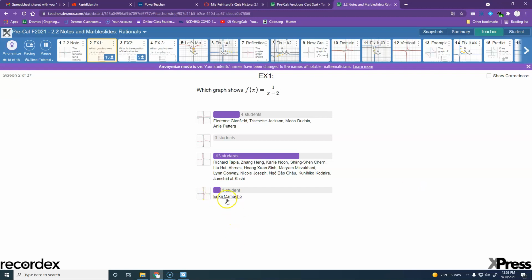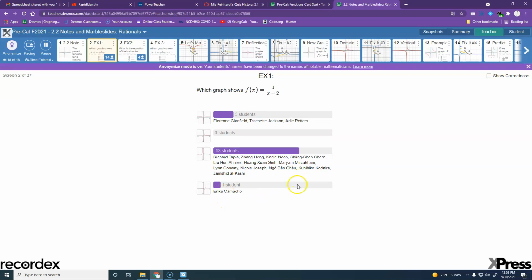I might say Erica Comancho, you got it wrong, but nobody knows who Erica Comancho is except for you, unless you announce to the class who you are. So I can pick on you without really being so embarrassing here. Even though the downside is some of these names I do not know how to pronounce at all. Anybody want to give that one a try? What do you think that is?